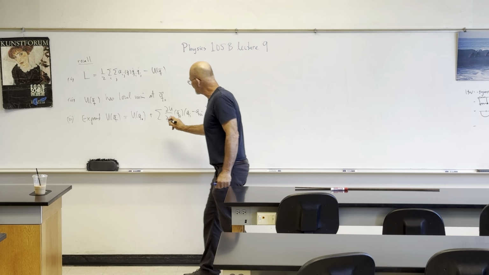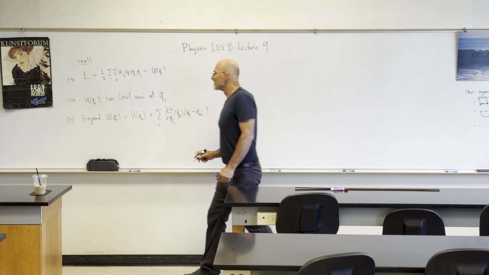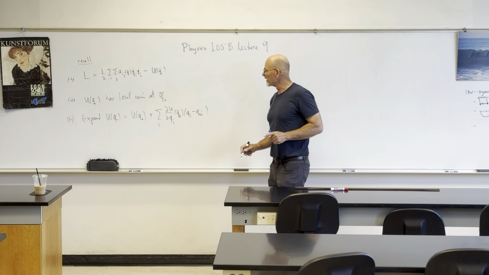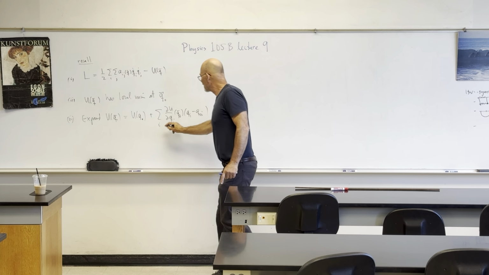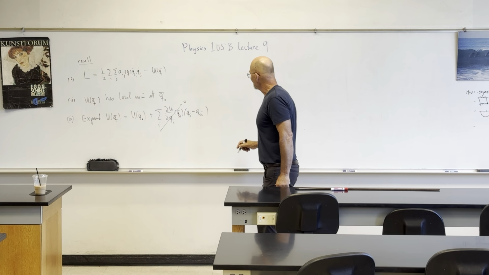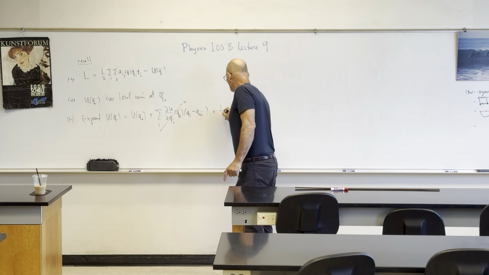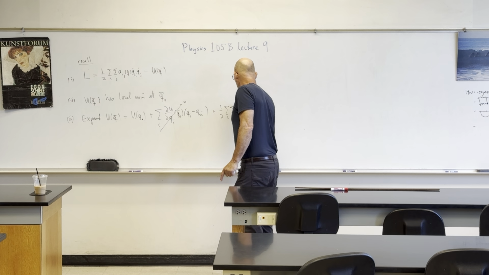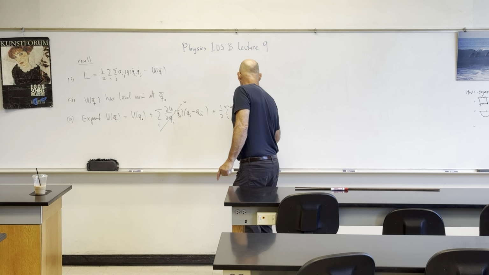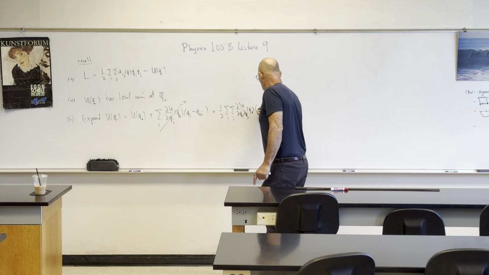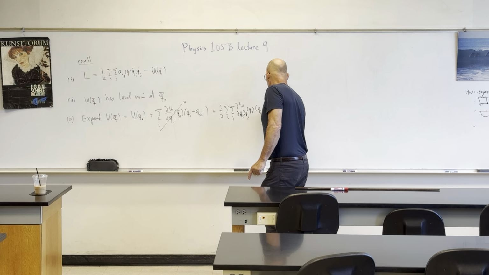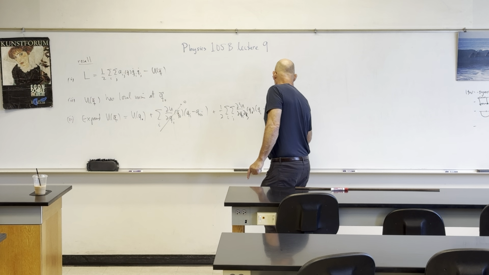This sum here is the one that vanishes because we're at a critical point, right, with a local minimum. So this whole thing goes away. And then we're left with this second derivative matrix, the second partial derivative of U with respect to Qi and Qj at Q0, times (Qi minus Qi0) and (Qj minus Qj0).